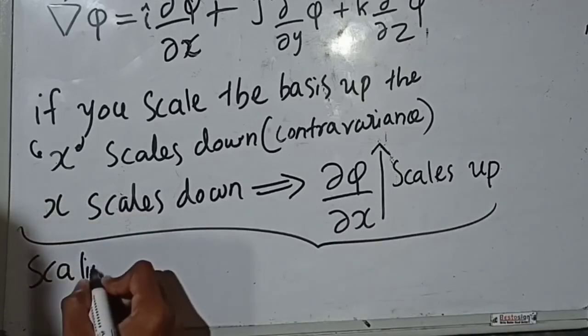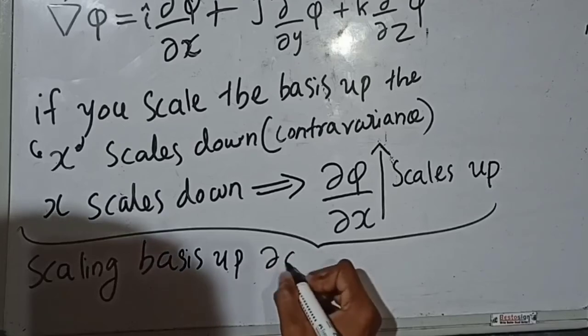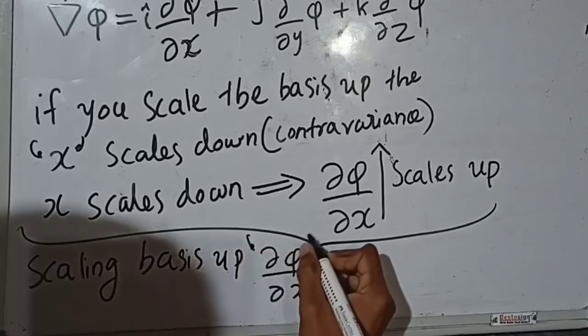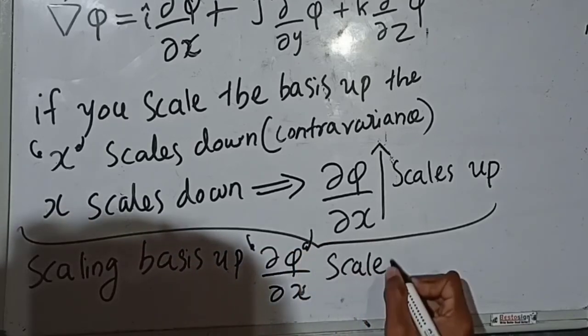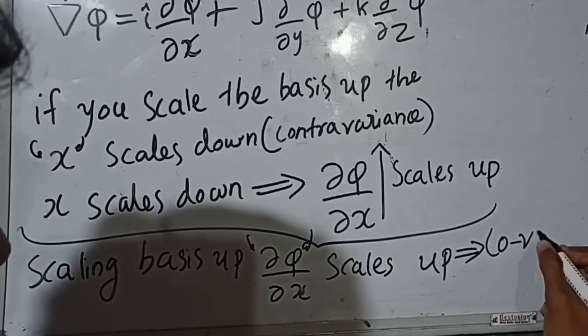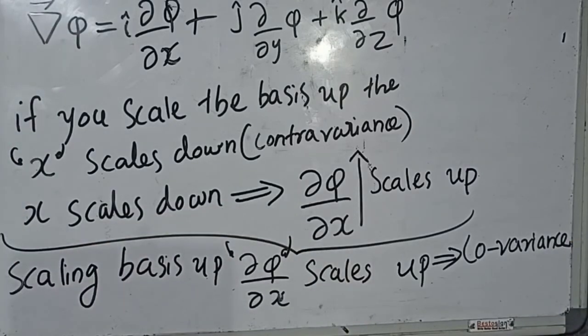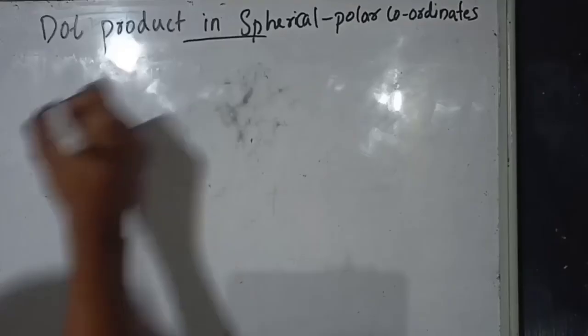In summary, we can say that scaling the basis up, the dou phi by dou x also scales up, and actually this is the covariance. And so we can say that the gradient of a scalar field is covariant.